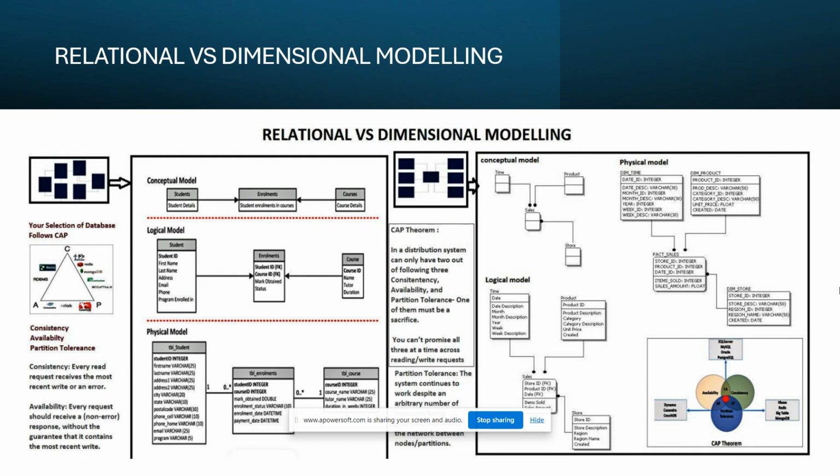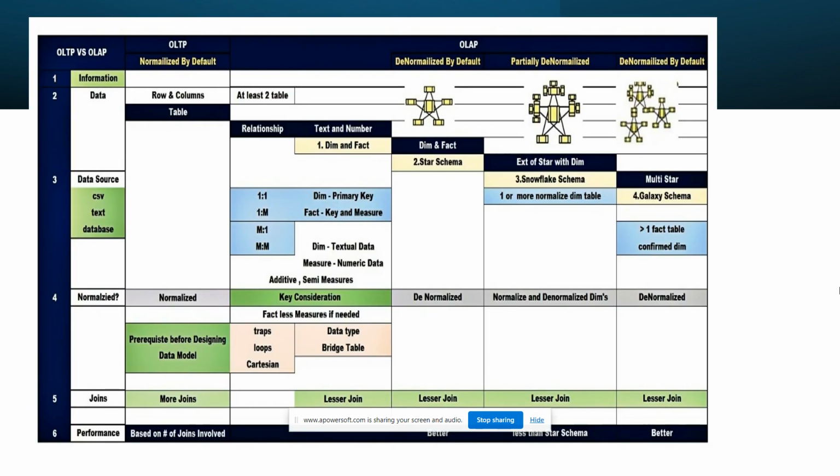Let's talk about the type of database that follows the CAP theorem. This is a typical picture that tells about the relationship between OLTP versus OLAP. The information we call data. From data, we do OLTP with tables related in a summary-to-detail manner.